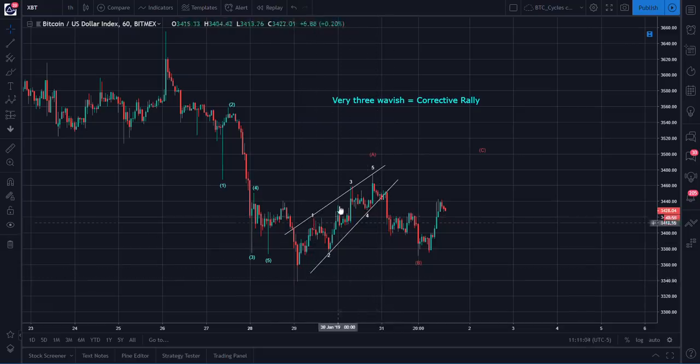So if we have a 1, 2, 3, 4, 5 for A, B, C, this is a very nice 3 wave-ish, which was a corrective valley. So if we have an A, B, C, let me mark that.